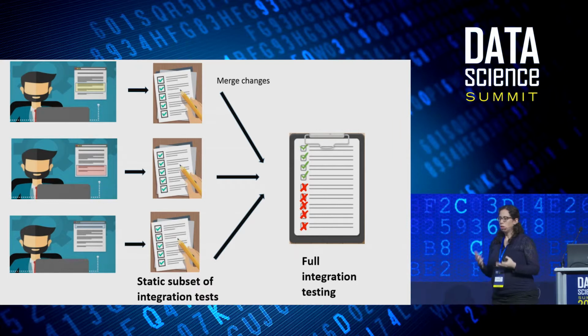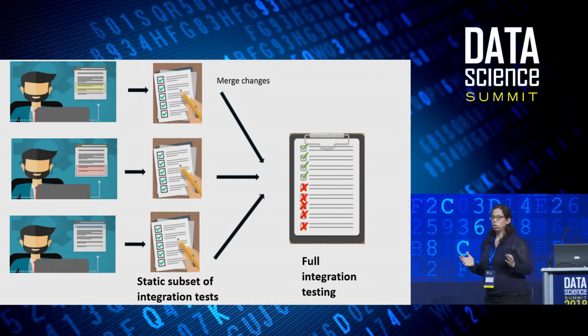After they check the change with the static list, it is pushed to the main repository. All the changes of the week and sometimes more are pushed to the same place, and then pass another testing process. This is a full integration test.